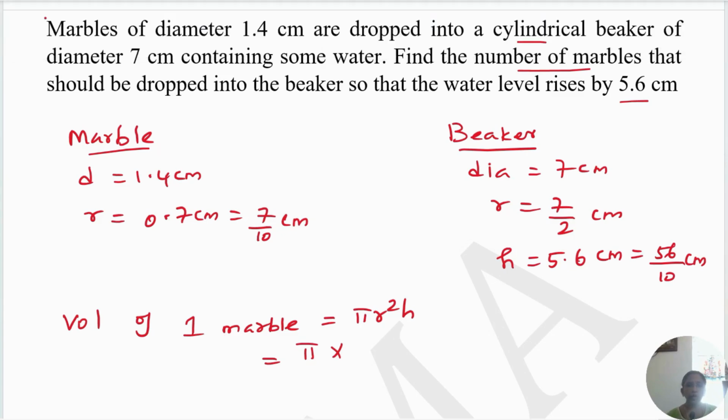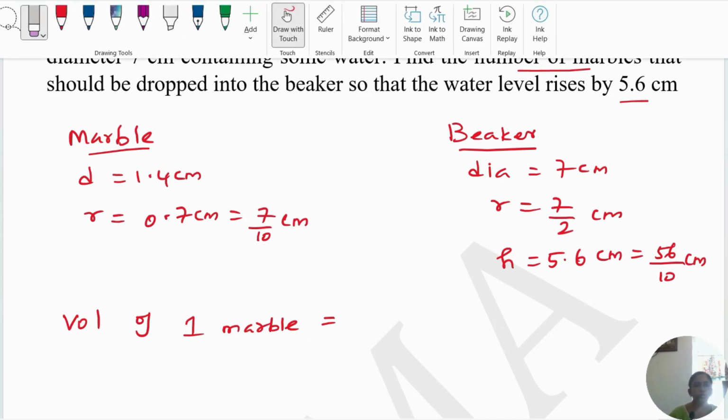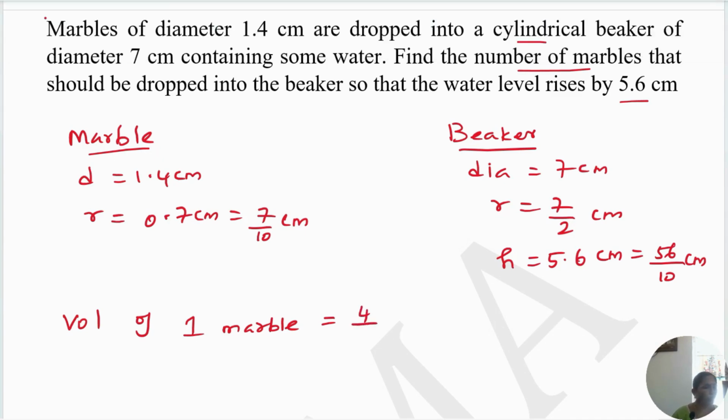Sorry, the formula for a spherical marble is 4 by 3 pi r cube. So you can substitute your values. So 4 by 3 into pi into r value, which is 7 by 10, to the power 3. And here the cylinder beaker value.